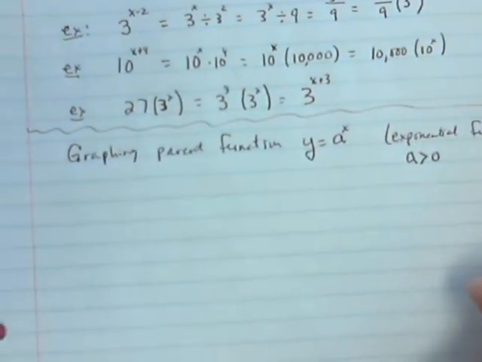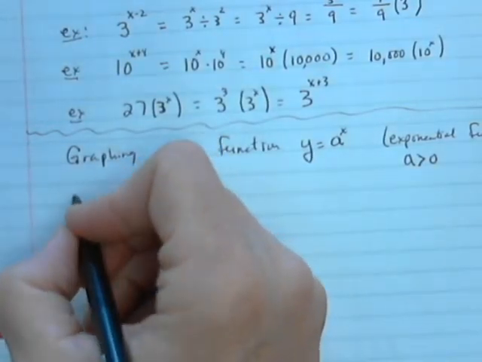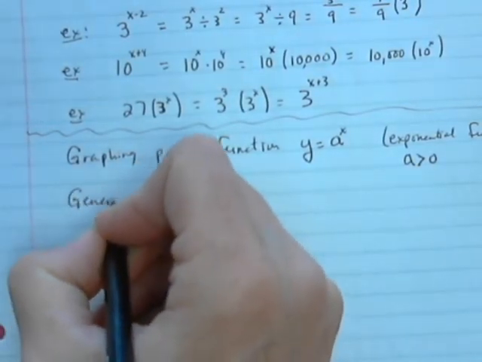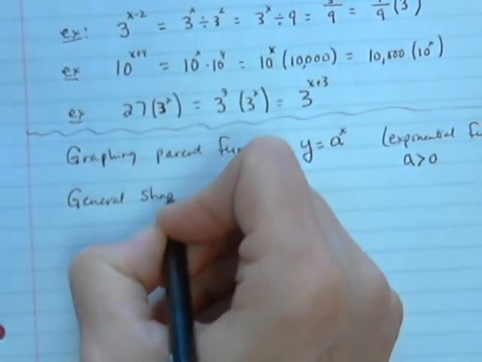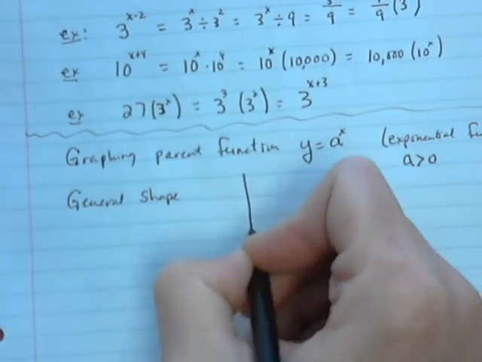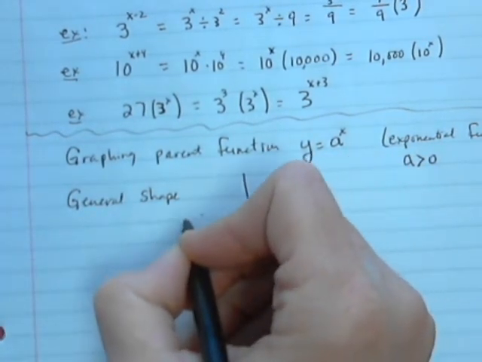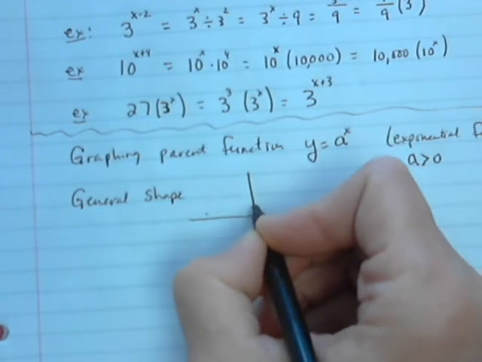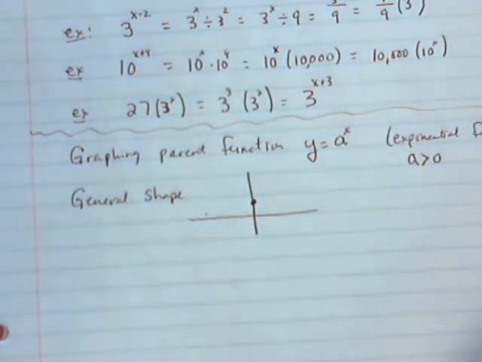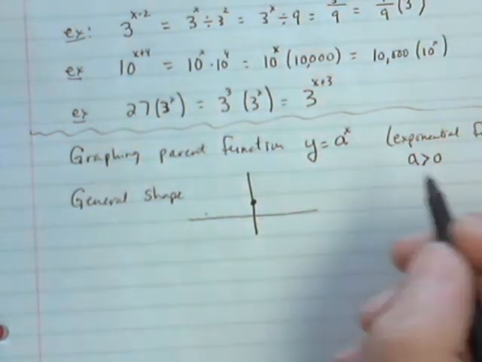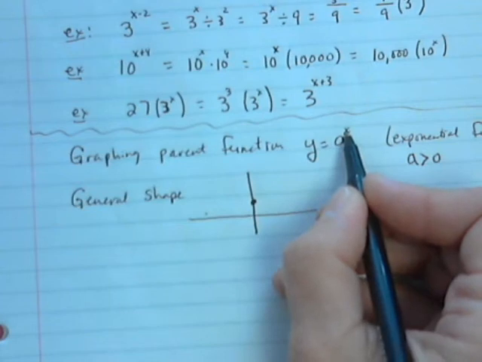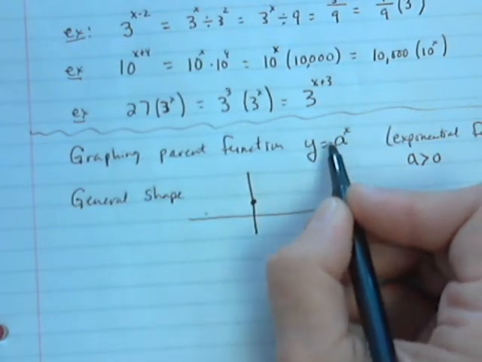The general format of a graph, or the general shape of an exponential function, y equals a to the x, is you'll have a y-intercept at (0, 1), because when x is equal to 0, anything to the 0 power is equal to 1.